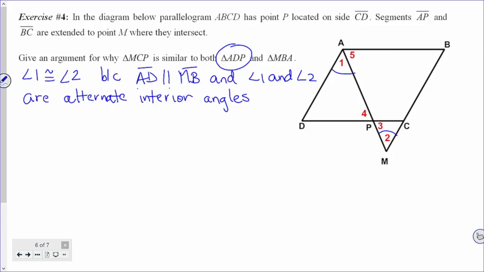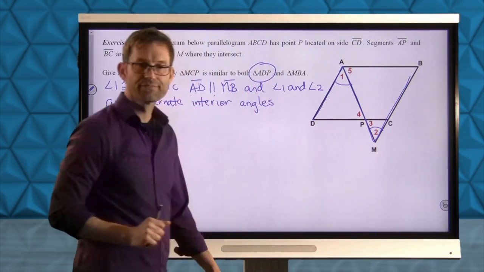They're the angles of the Z created by parallel lines.